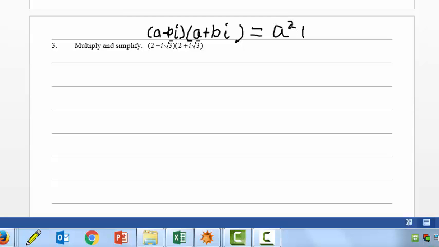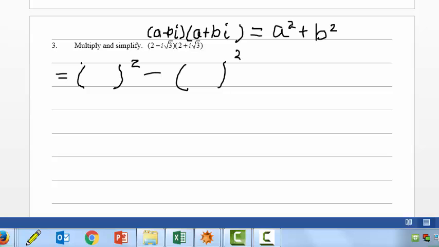Now that's always what happens, and you can use this result to save time. But suppose I didn't know that or didn't believe it. Then I'm filling into this template a squared minus b squared.